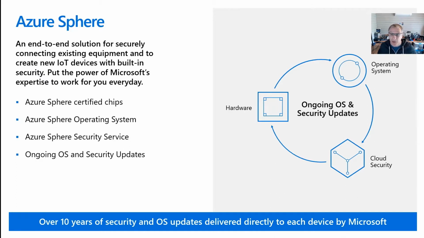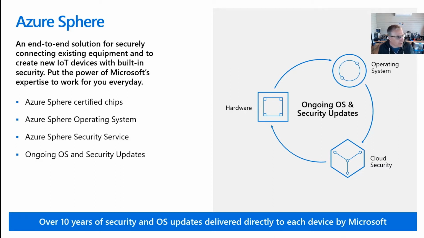But you may also think about using Azure Sphere as a way of securing existing hardware that maybe isn't secure, and you wouldn't by default connect directly to the internet. The cloud security system shown in this diagram is responsible for ensuring that devices are up to date. That includes the operating system running on the device, as well as the applications that you write that can be deployed over the air to devices in the field.